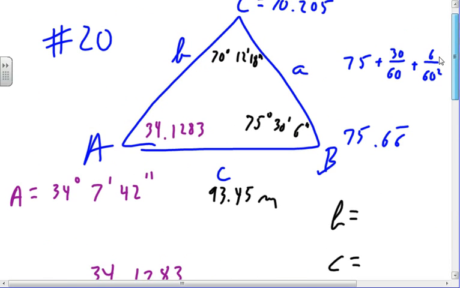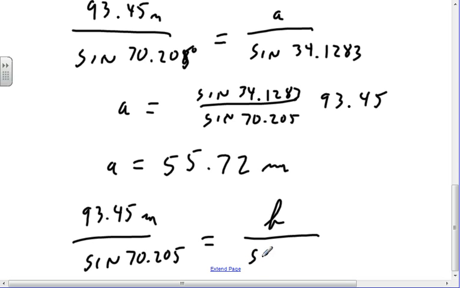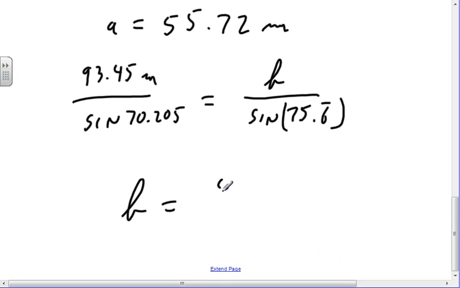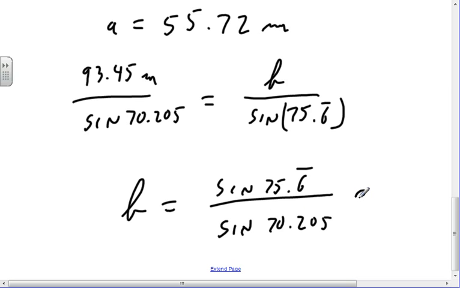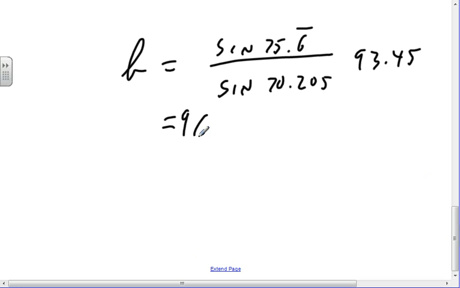Little b is sine 75.6 repeating divided by sine 70.205 times 93.45. That's 96.23 meters. So that's my b.